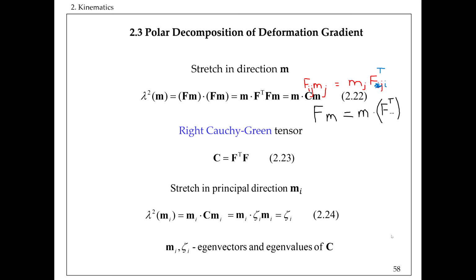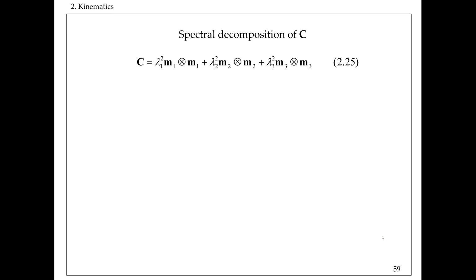This is very convenient for us because it means we can write C in a very compact form in terms of these principal stretches that we can calculate based on the eigenvalue problem.